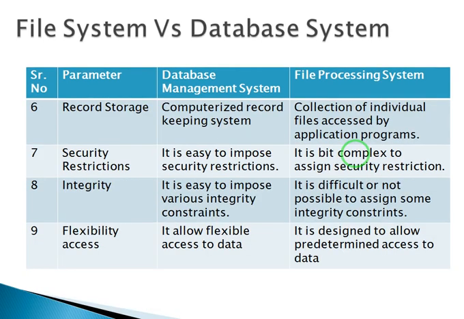Next is record storage. In a database management system, it is a computerized record keeping system. But in a file processing system, it is a collection of individual files accessed by an application program only.